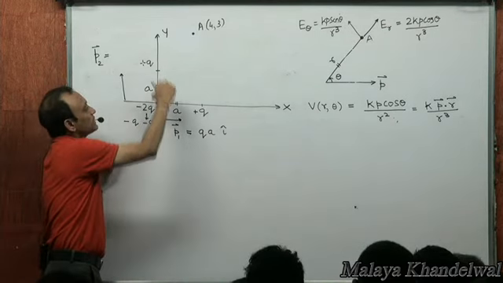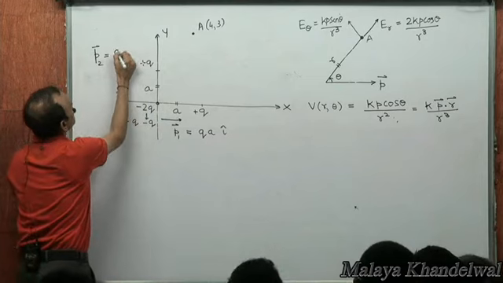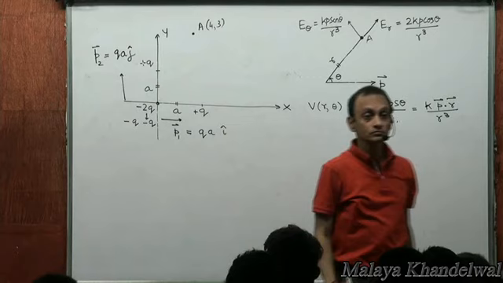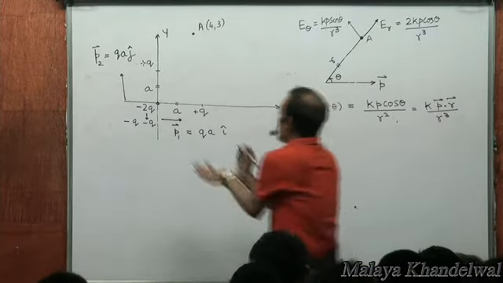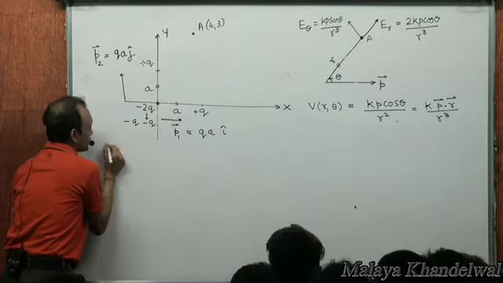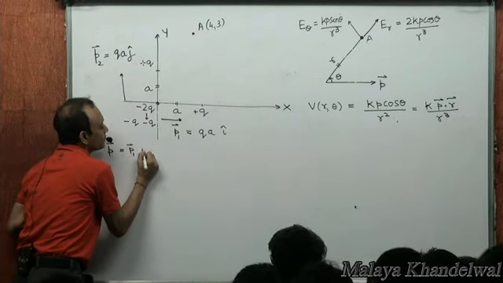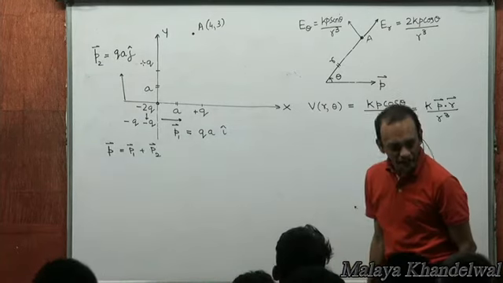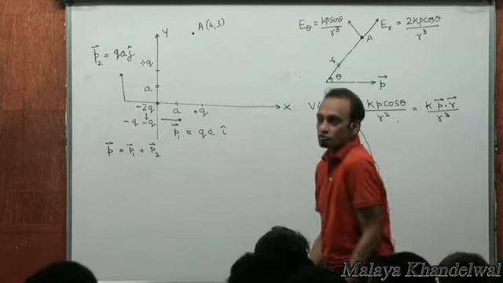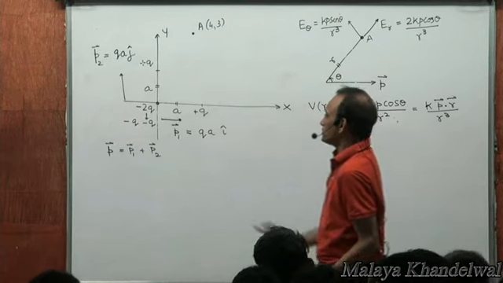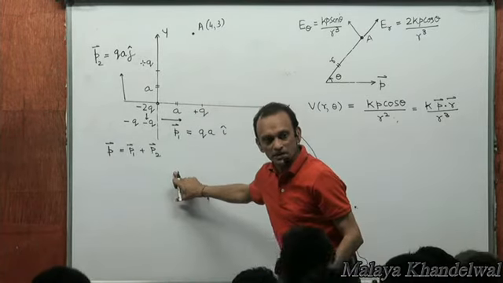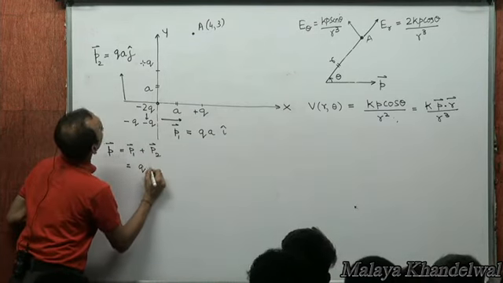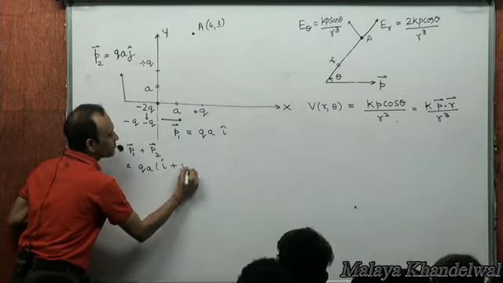This dipole moment is q into a, but j cap. And the net dipole moment of this arrangement is going to be p1 plus p2. This is going to behave like a dipole moment p, which is p1 plus p2, adding the two, qa into i cap plus j cap.